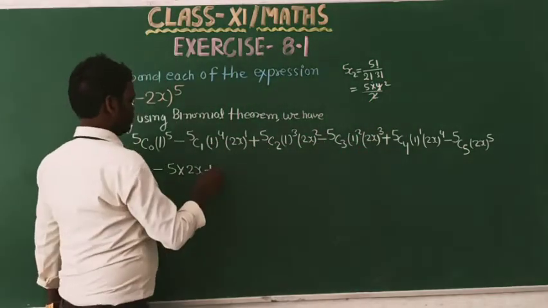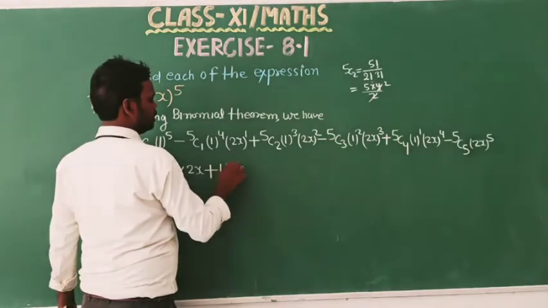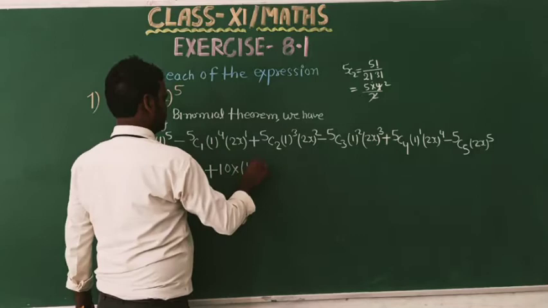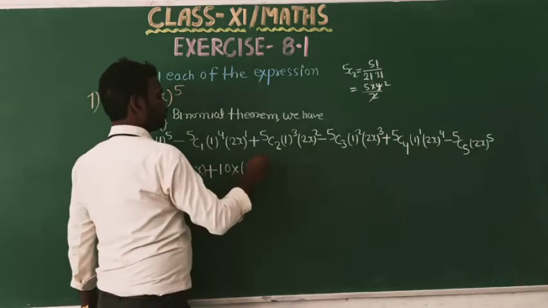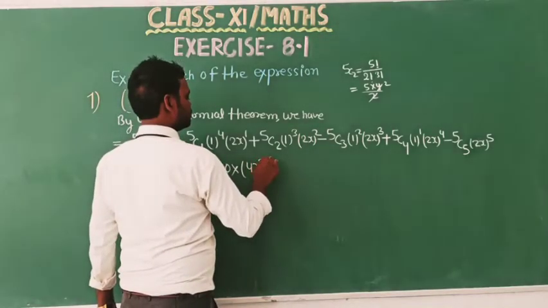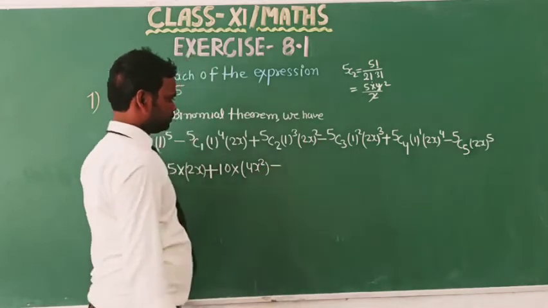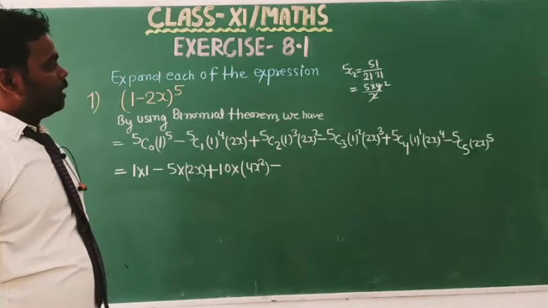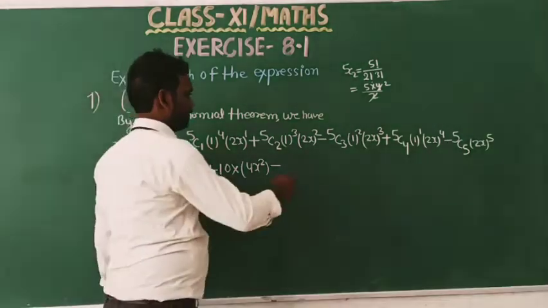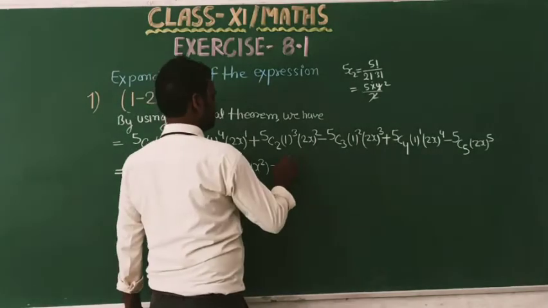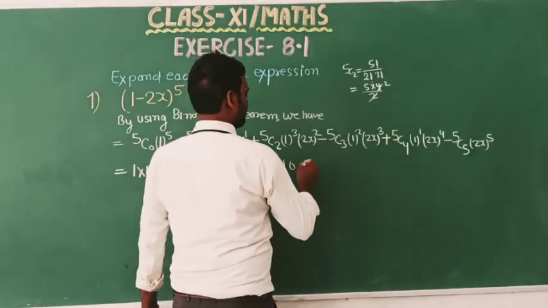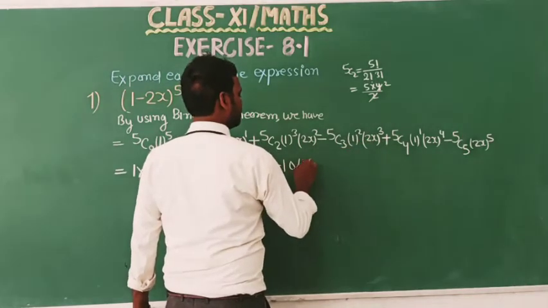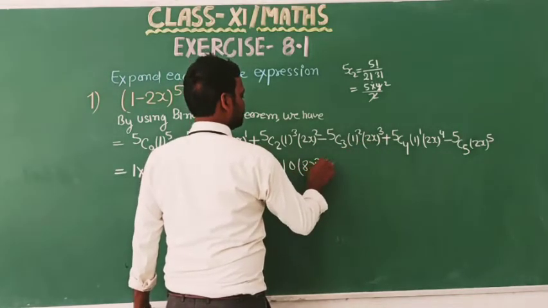So the value of 5C2 is 10 and this is 4x squared, minus 5C3. Again the value of 5C3 is 10 and this is 2 cubed, 8x to the power 3.